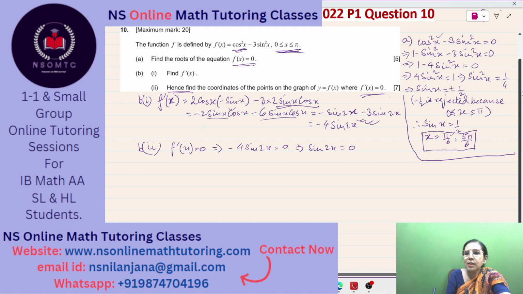Since sin 2x is equal to 0, what is the domain? Domain is x is greater than or equal to 0 but is less than or equal to pi.